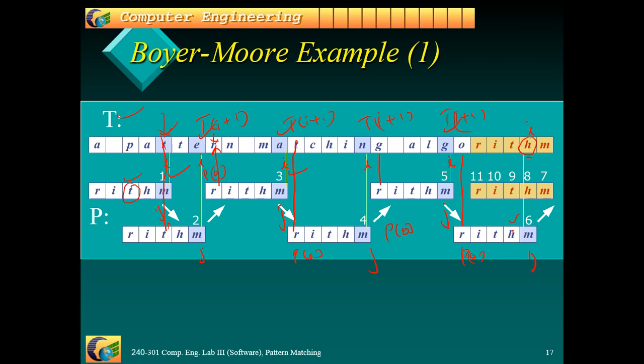So what happens? You align this particular H, right? That is the last occurrence of H, here, right? You align this H with T of I by shifting the pattern to right, and now your new J becomes this, right? And your new I becomes this, and you compare the characters of text and pattern with I and J indices respectively.